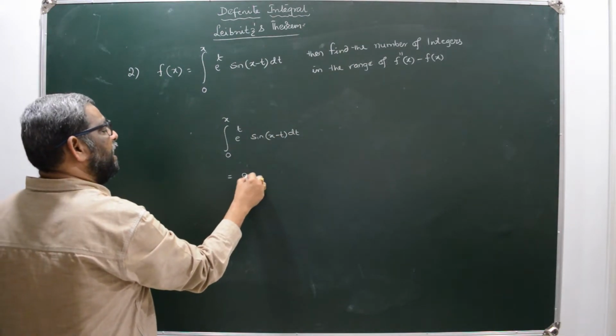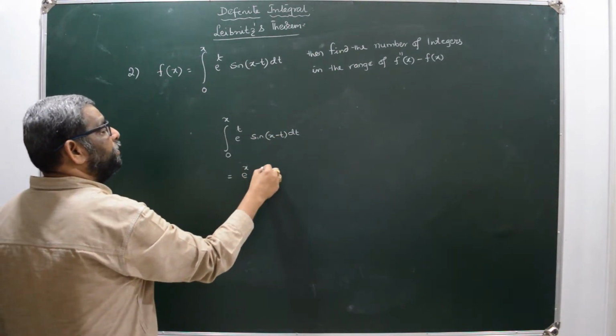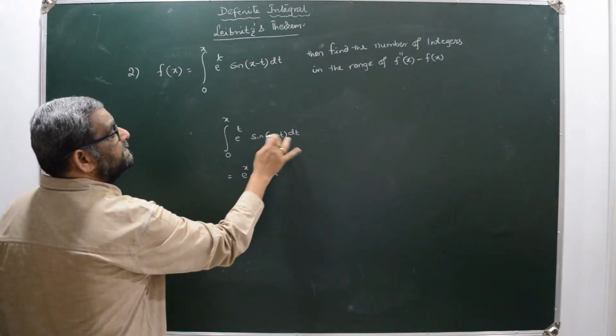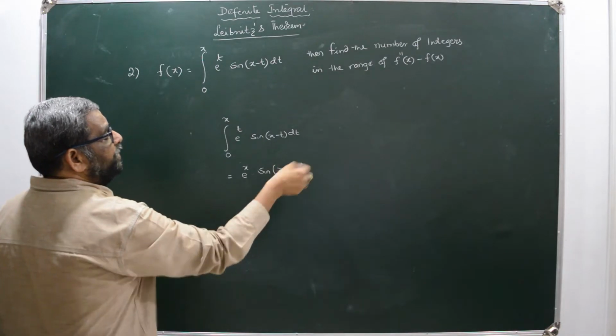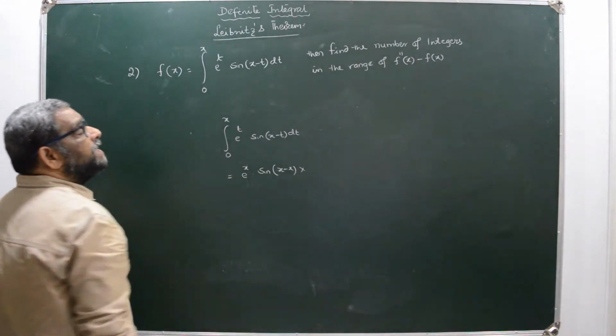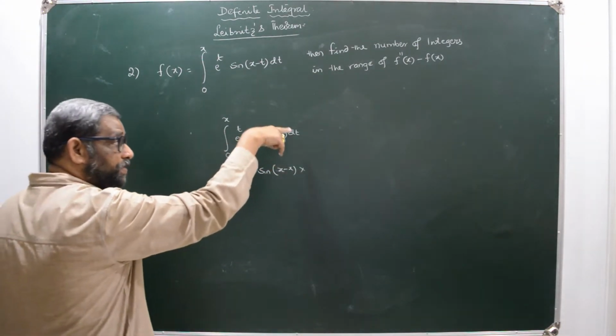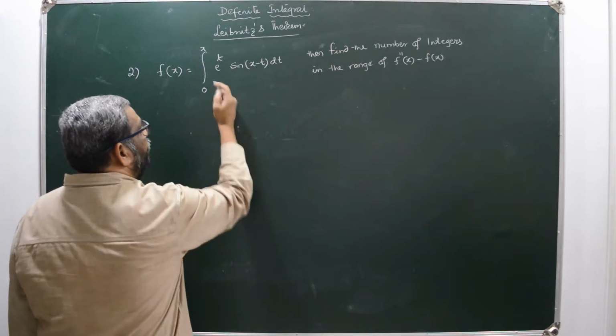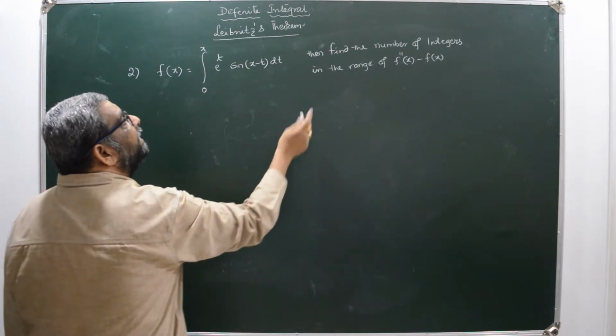It will become e^x into sin(x minus x). This will become 0, but it is not correct because both are variables, but you are integrating with respect to t. So this is not right. So I will apply one formula.